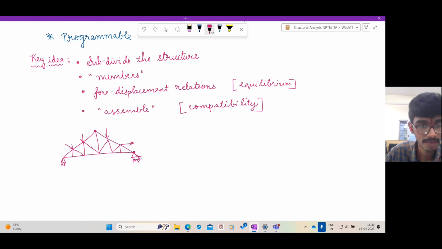You consider each of its members one at a time. So suppose you take this member, you draw this member, indicate the forces. We know that all truss members are two force members. Indicate the forces in that member.